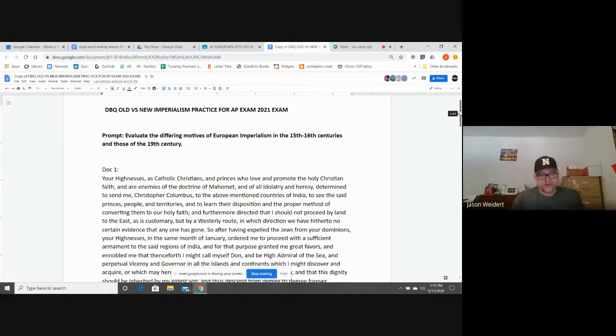Now, I want to be careful about the natural resources, because when we go into these documents, which I'll get into in just a second, there's not a document that really talks about European countries looking to get stuff for industrialization. There's just not a document supporting that. It's true, but there's not a document supporting it.